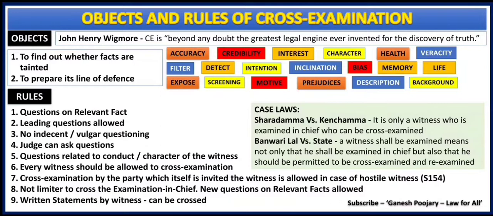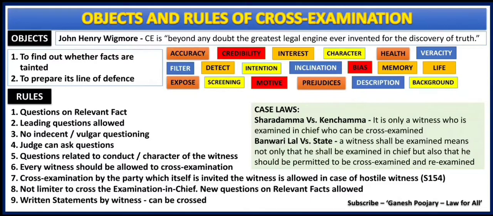He says cross-examination is beyond any doubt the greatest legal engine ever invented for the discovery of the truth. This is the importance of cross-examination. With the skill of cross-examination, one can discover the truth. That is what John Henry Wigmore says.